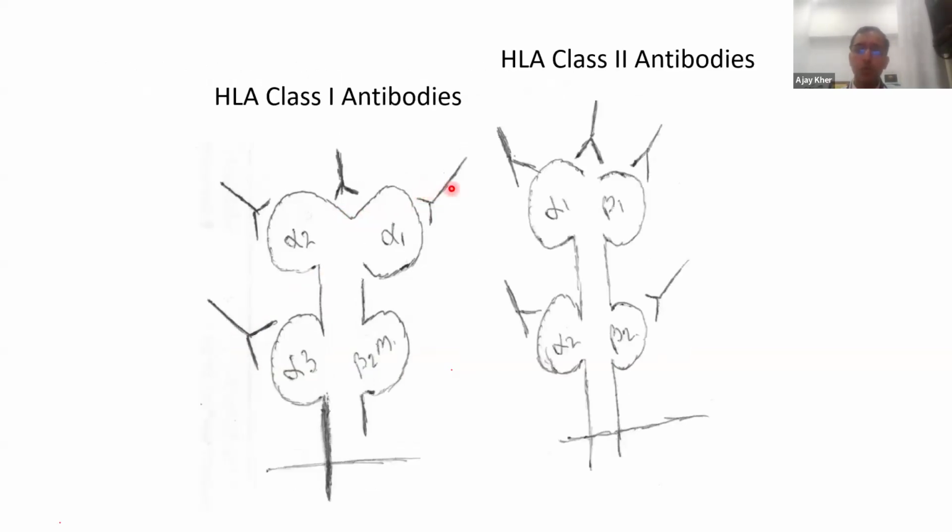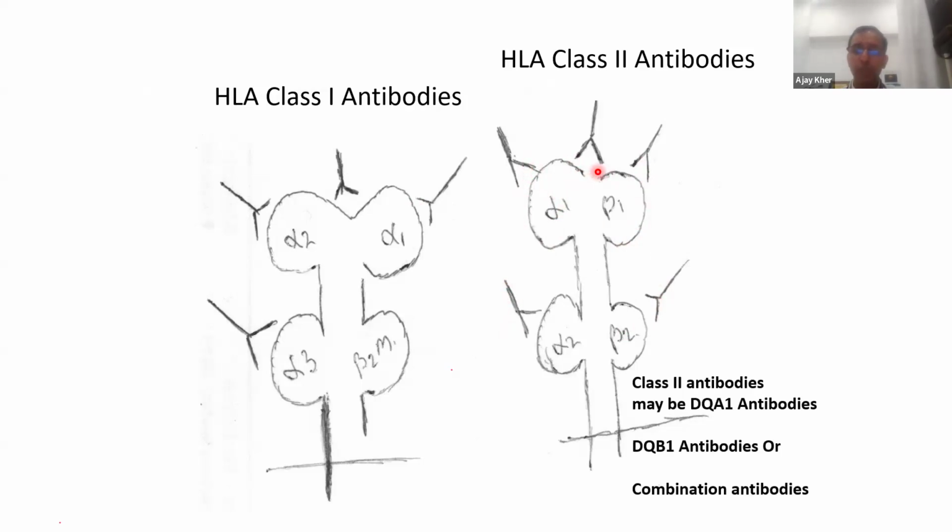If you look at class 2, you have the DQ alpha part and you have the DQ beta part. And so the antibody may be against only the DQ beta or only against the DQ alpha or maybe against the DQ alpha beta combination. This is sometimes very important to identify because otherwise you might be refusing or not planning to move forward with a transplant that was actually doable, and then rejecting donors for a potential recipient.